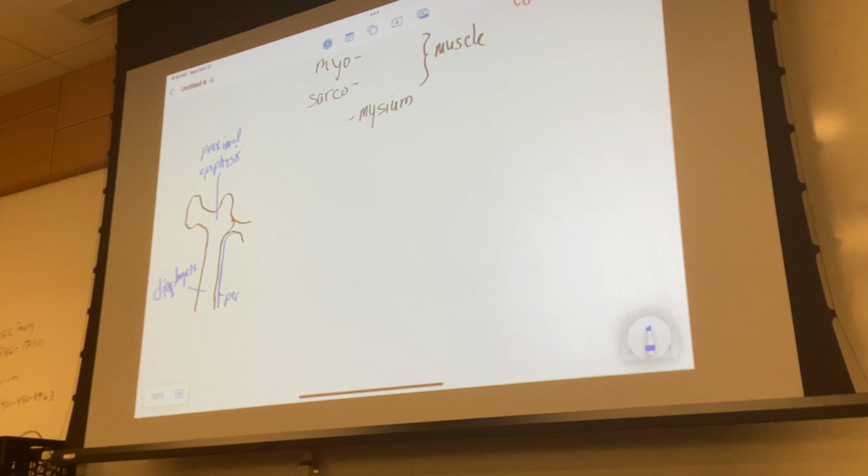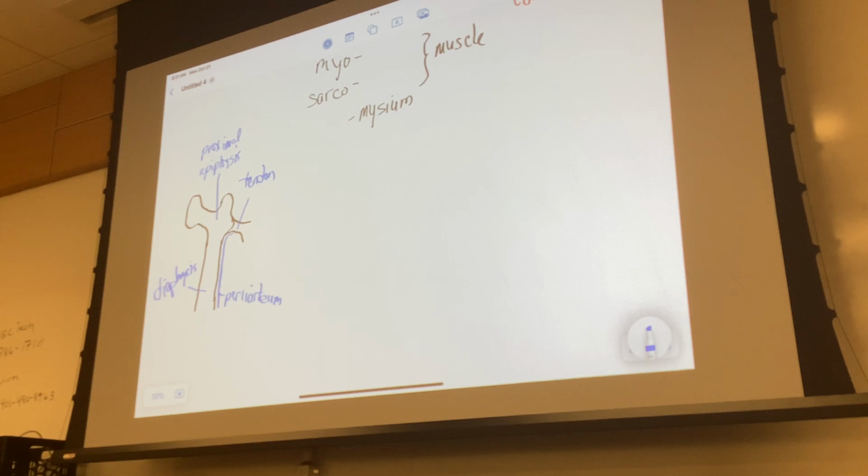The periosteum is very important here because it is continuous with this next structure, and when I label that, that's the tendon. So the periosteum is continuous with the tendon.